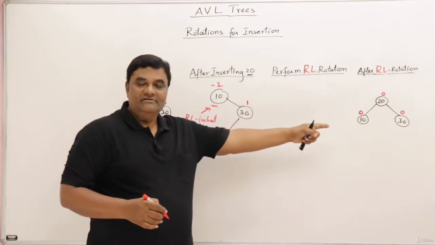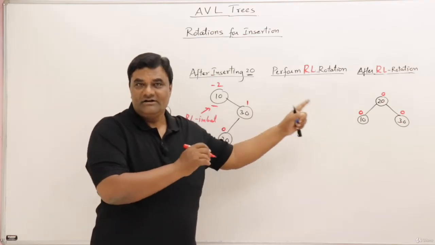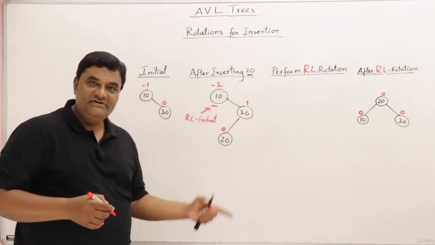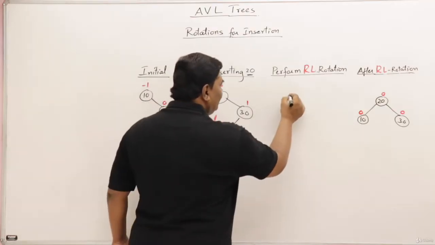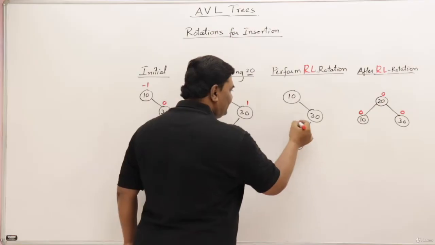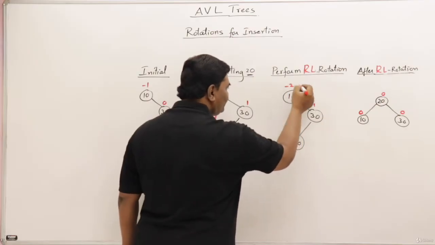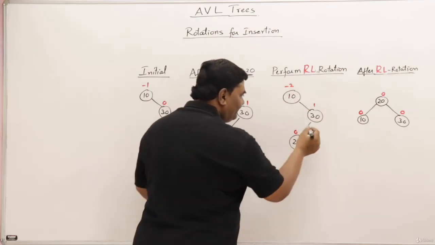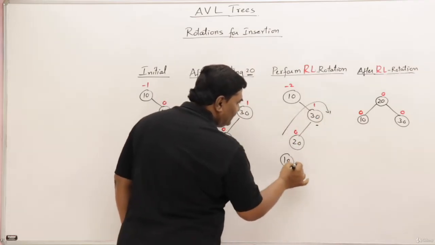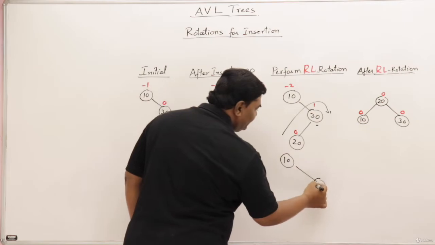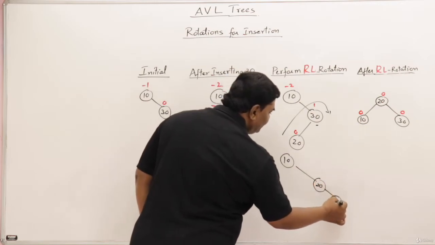And one more thing, see, we get that result only, so that's why I did not remove it. Always we are getting same result for 3 nodes. Anyway, we have to perform rotation on this one. So I'll take a tree once again. Balance factors are 0, 1 and minus 2. Perform rotation over this node first. So 10 and at this place comes 20 and on right side it will be 30.